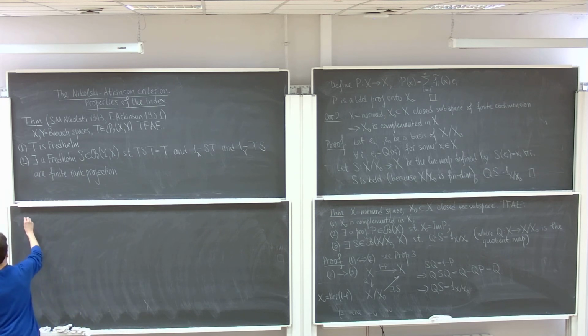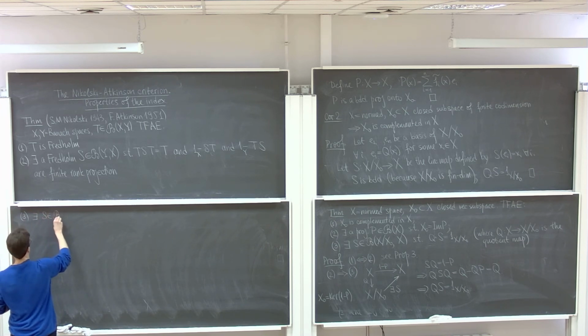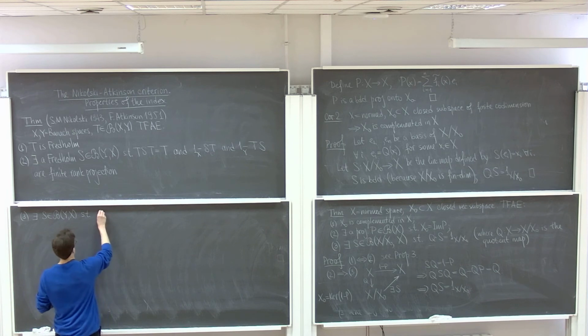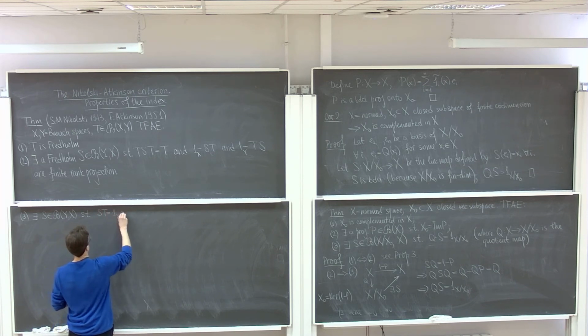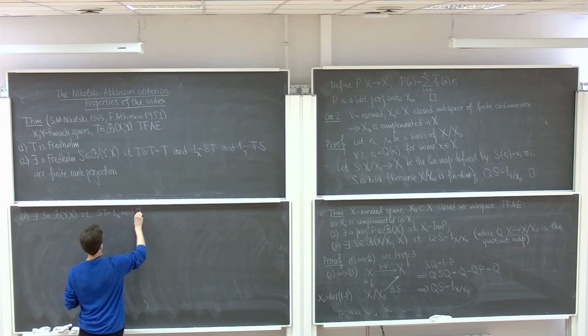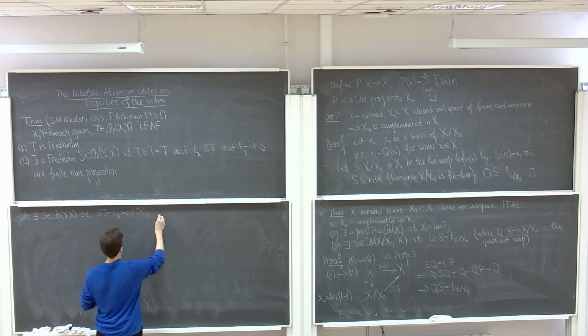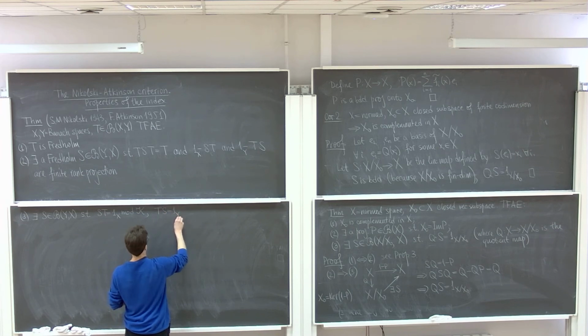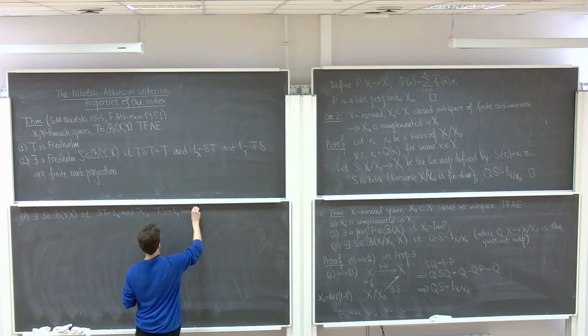Condition 3: there exists a bounded linear operator S from Y to X such that ST equals 1 modulo compact operators, and TS equals 1, again modulo the compact operators.